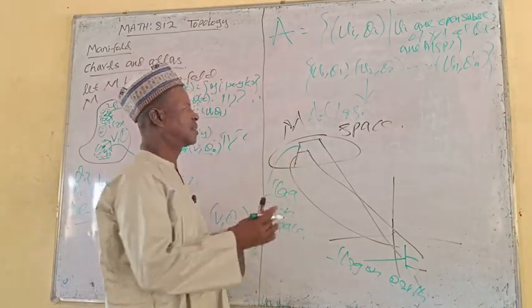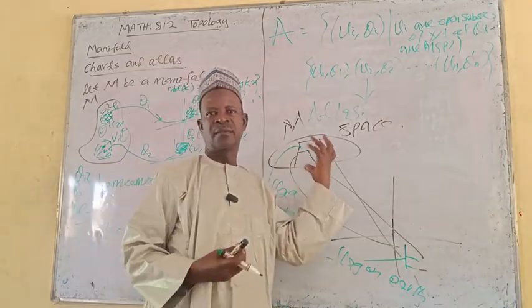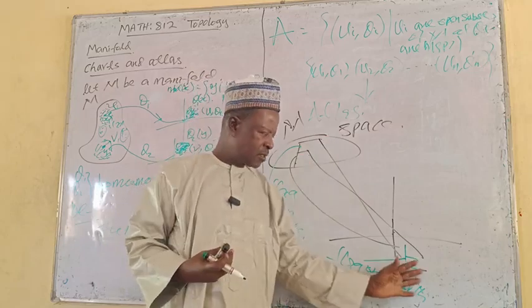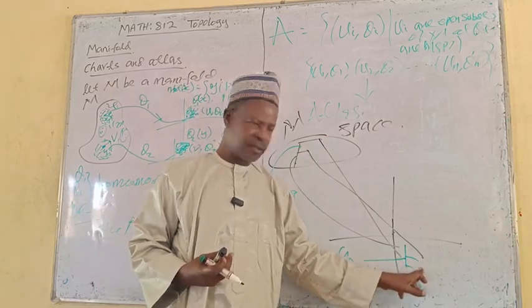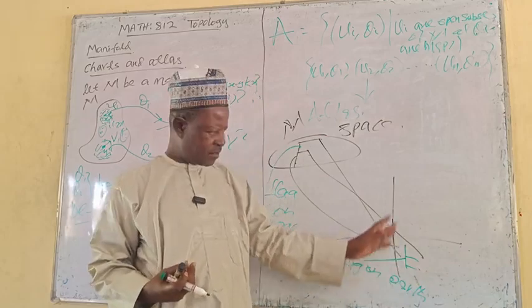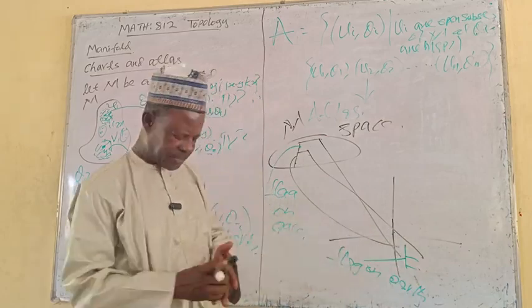What it means is that I can now visualize this image which is in space to make it look like it is on two-dimensional space.